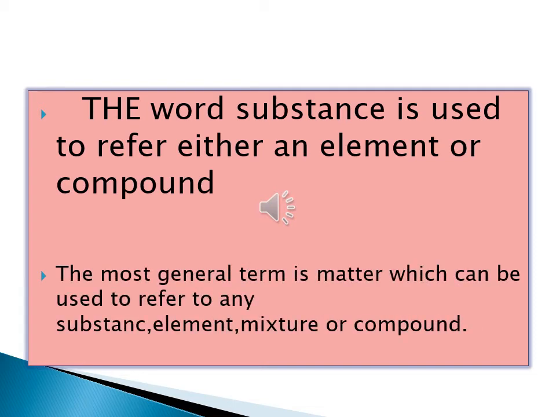The word substance is used to refer to either an element or compound. Then the most general term is matter, which can be used to refer to any substance, element, mixture or compound.